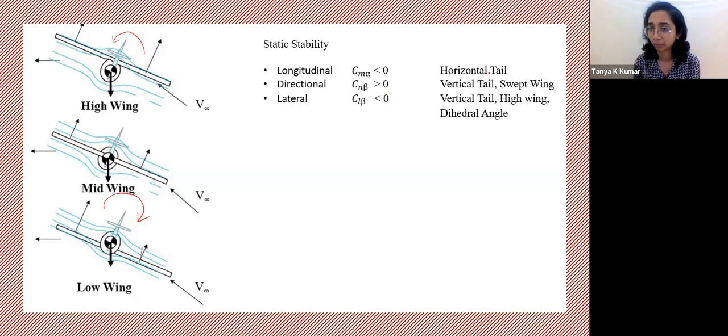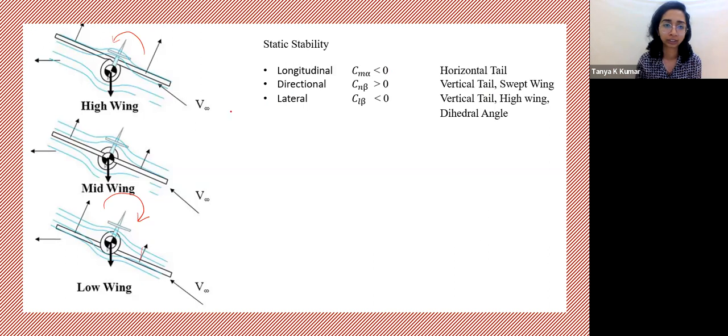It is the horizontal tail. The horizontal tail is what ensures that you have Cm alpha less than 0. For directional stability, the derivative is Cn beta, and it should be greater than 0 for directional static stability. The component that contributes towards this stability is the vertical tail or a swept back wing.